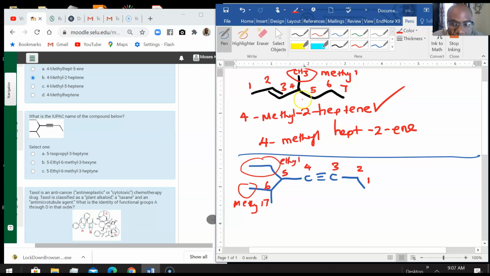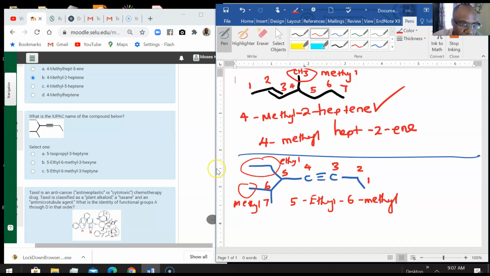So the name is simple, it's going to be 5-ethyl, because E comes before M, and then 6-methyl.